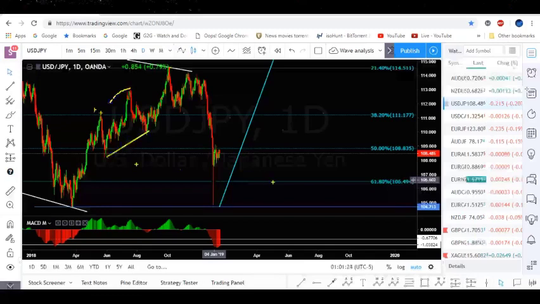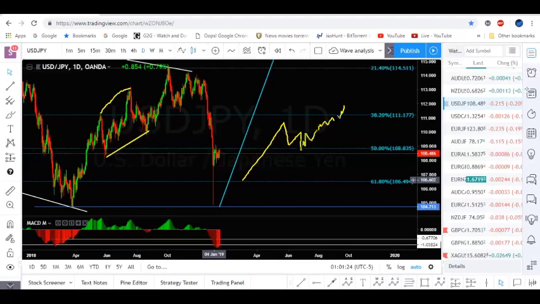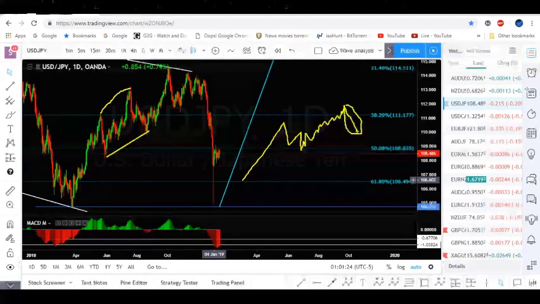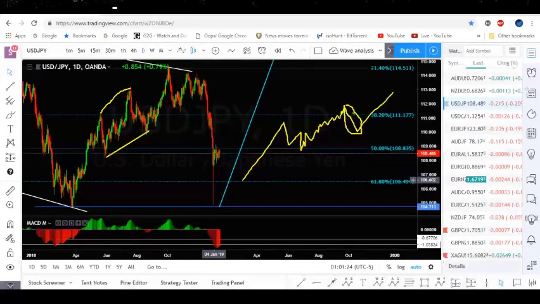So remember, the two variations of the running flat you can also get is basically you have an up move, and then you'll make like a 1, 2, 3, go up like this, and then this will just be a single impulse move down, and then you'll get your next impulse move up.